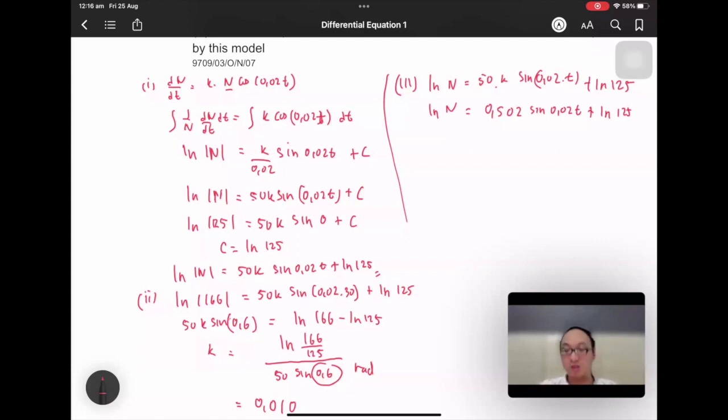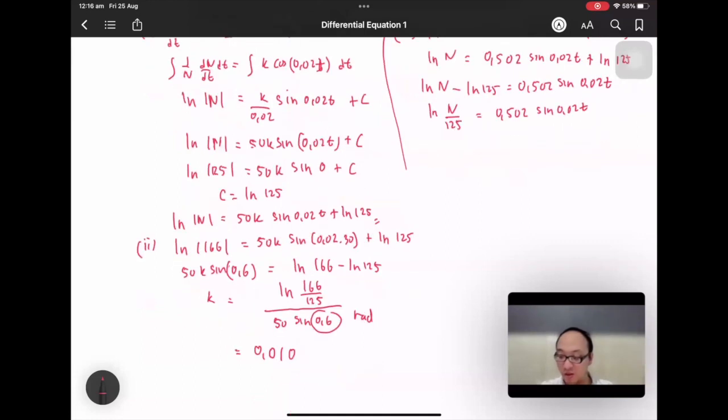This equals ln N. Okay, I can combine the ln: minus ln 125, 0.502 sine(0.02t). So this is ln(N/125). So that means N over 125 is e to the power of this.